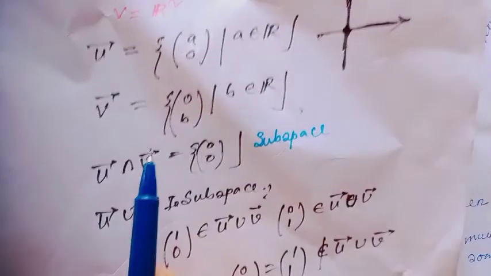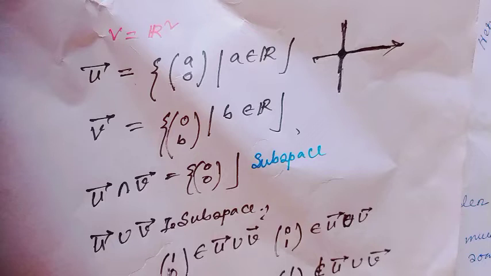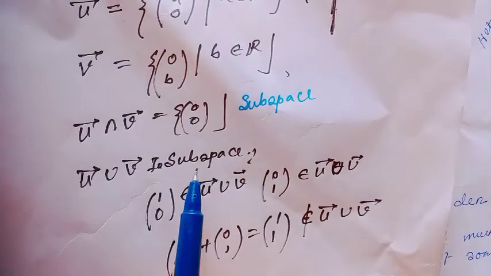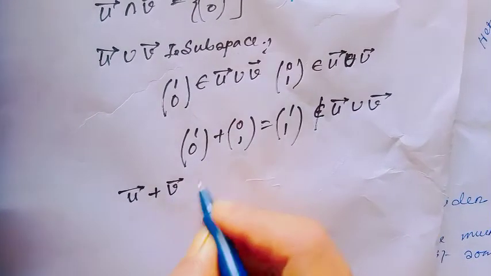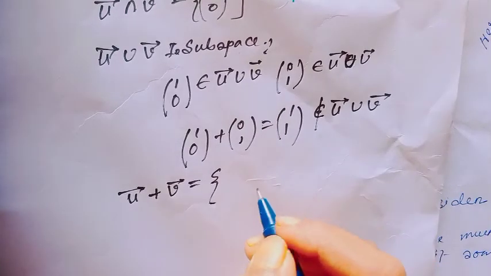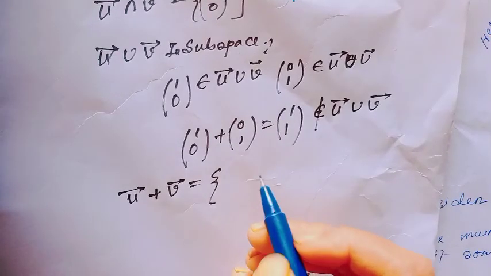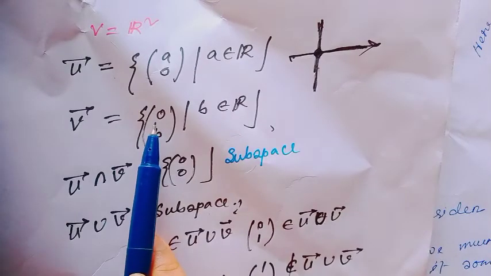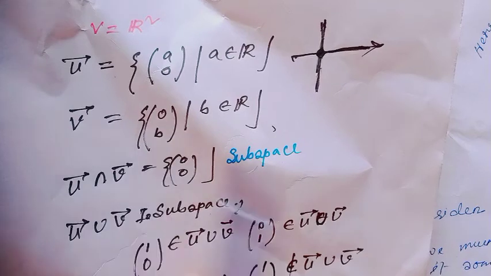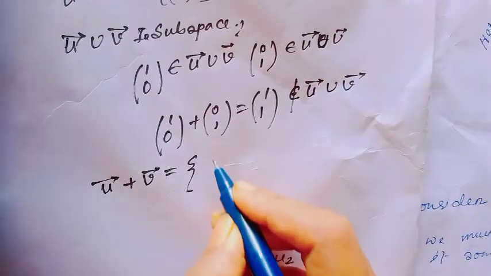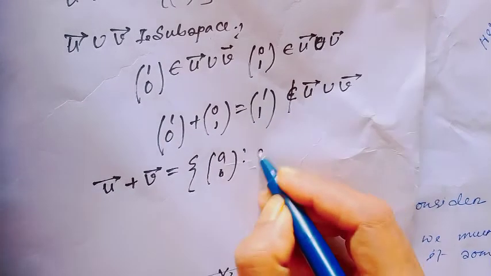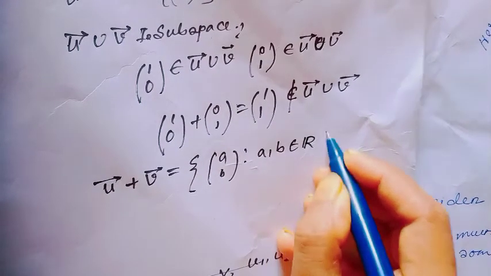In the previous example, we saw U union V is not a subspace of the vector space V. But if we consider U plus V, this is actually the set of elements with something in U and something in V. Then U plus V would be (a, b), where a, b belong to the real numbers.